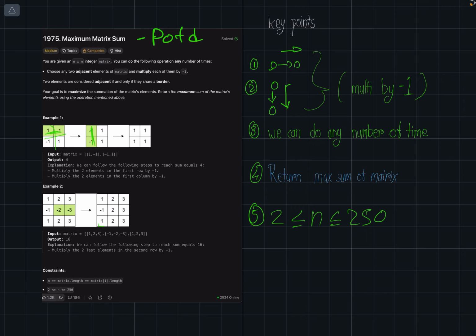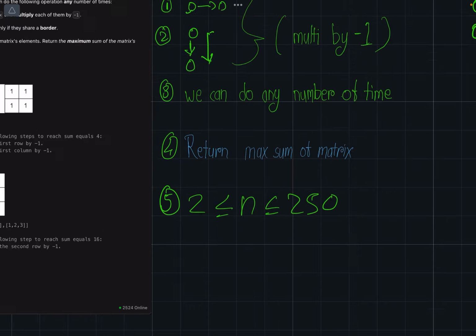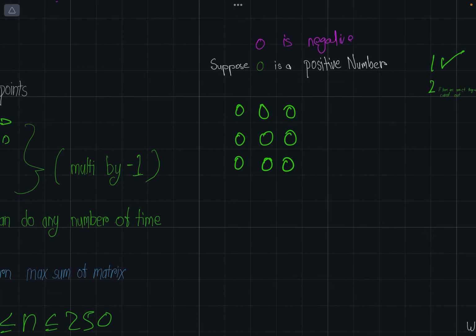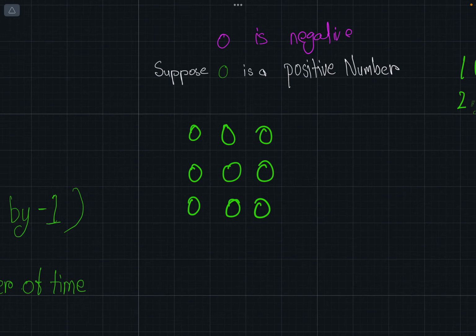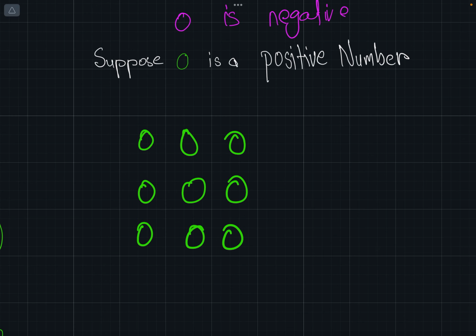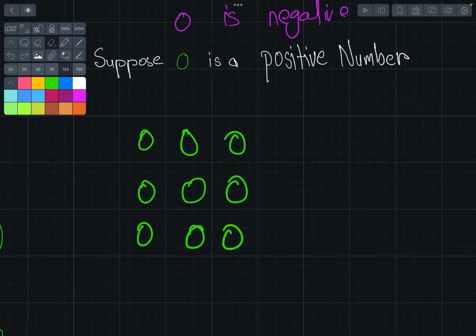Okay, so what are my key observations? Let's suppose all are positive numbers and this one is a negative number.